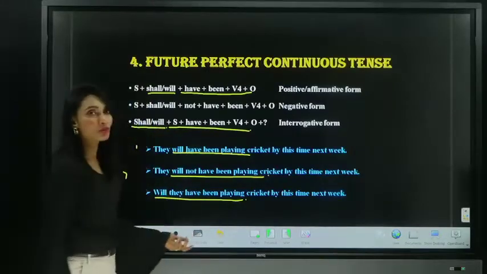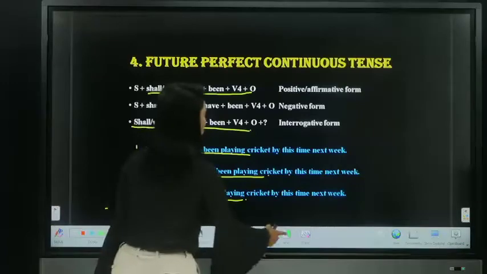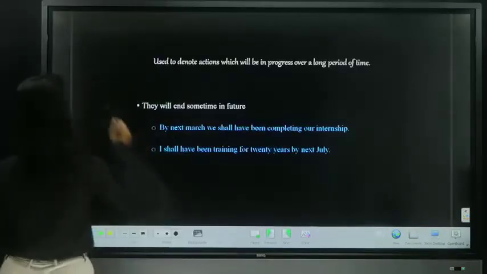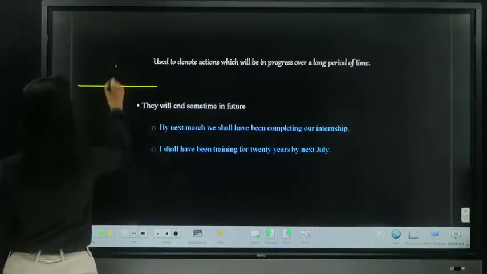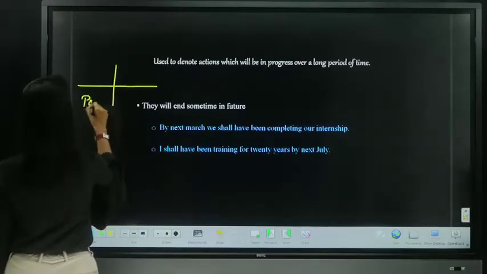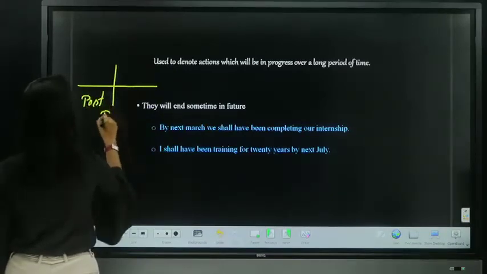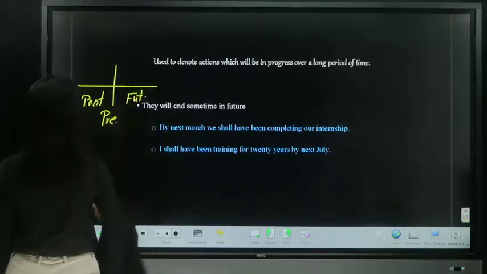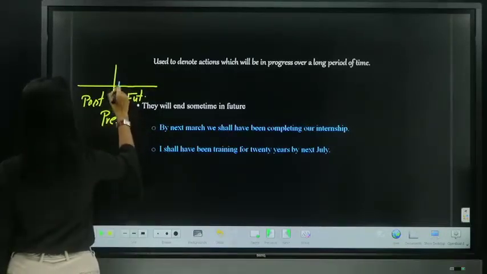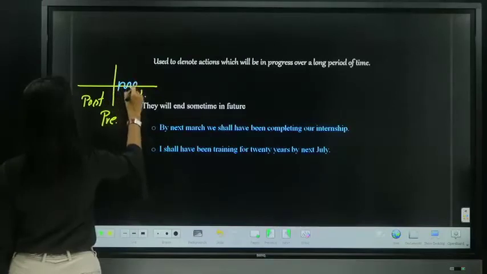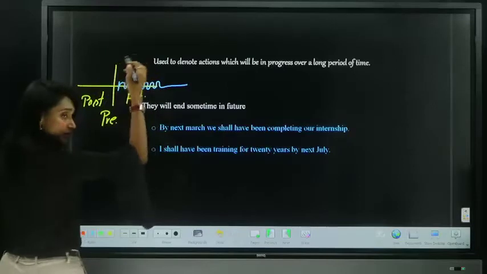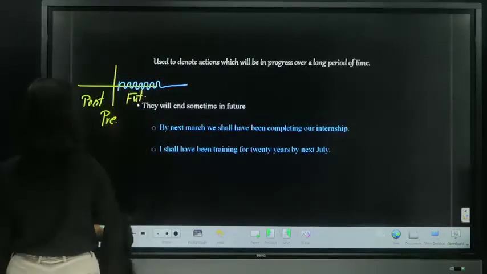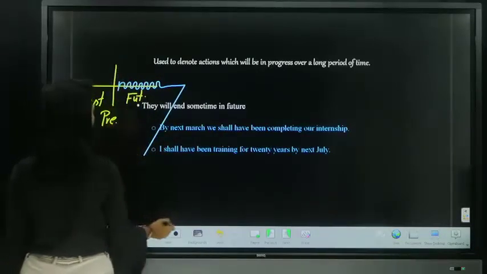Now, let's move on to the usage. So, what is the usage? As I talked about already, it denotes the action which will be taking place for a long period of time. Action started and going on for a long period of time in the future. It ends somewhere in the future, we are not sure, but we are talking about this continuous action.